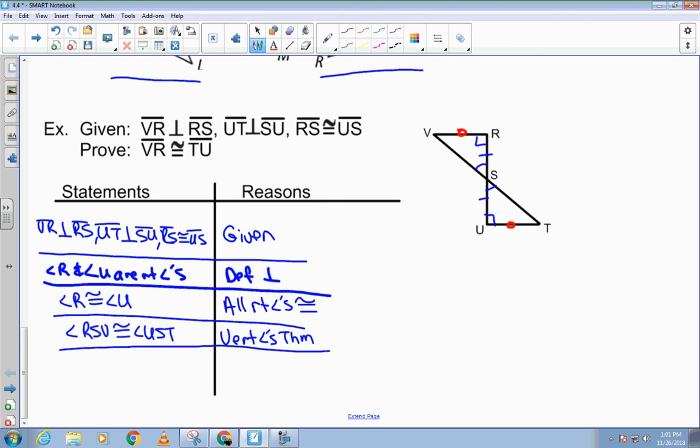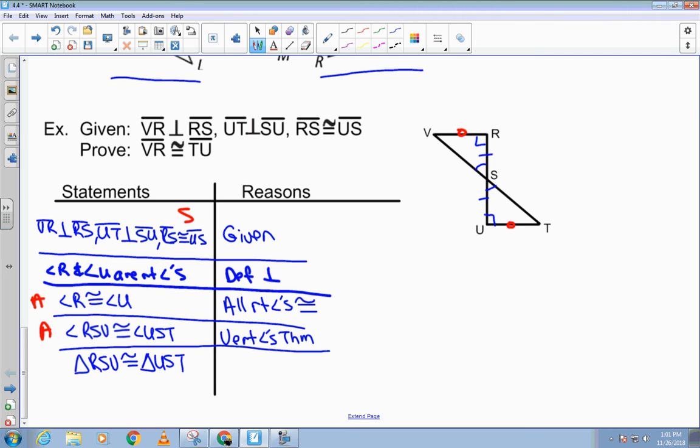Okay, so let's see. We have an angle here, we have a side here, and we have another angle. Is that enough to prove the triangles congruent? Yes. So I can say that triangle RSB is congruent to, how would I say the other one?